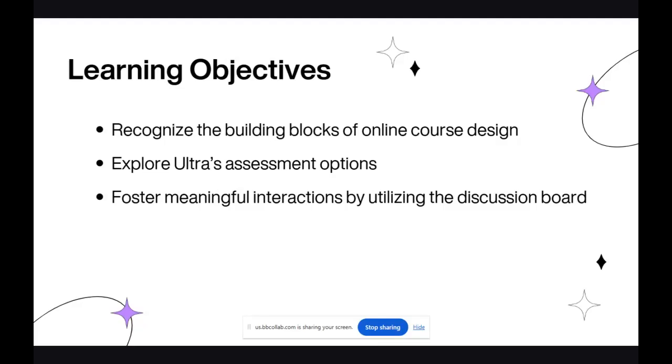One important thing, especially with active learning and collaboration, is fostering meaningful interactions with the discussion board. The discussion board tends to be notoriously short on shelf life, so to speak. It's like a one and done kind of post deal.